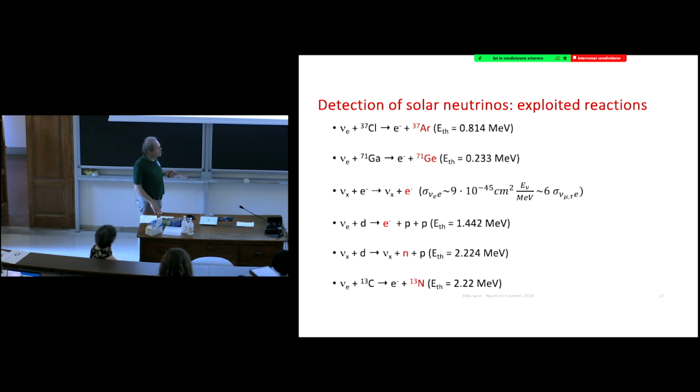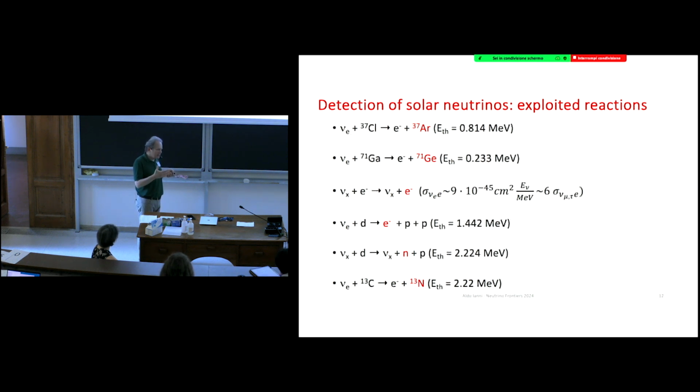At that point you purge the volume with nitrogen several times to collect this germanium, which is in a volatile compound inside the gallium solution, and this volatile compound pushed by the nitrogen, on the contrary in chlorine they used helium, is pushed into a charcoal where it's essentially frozen, and then taken into a low radioactivity counter.